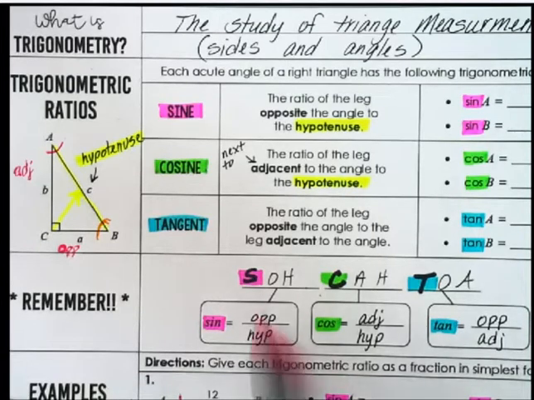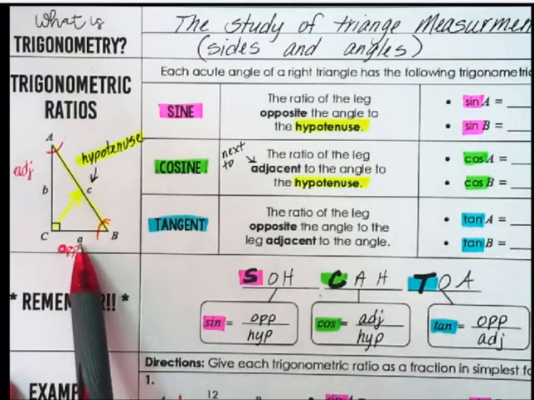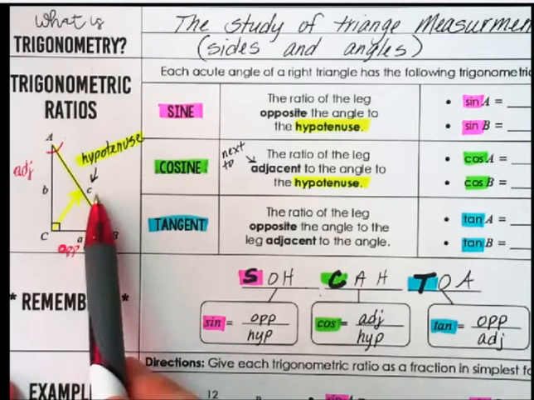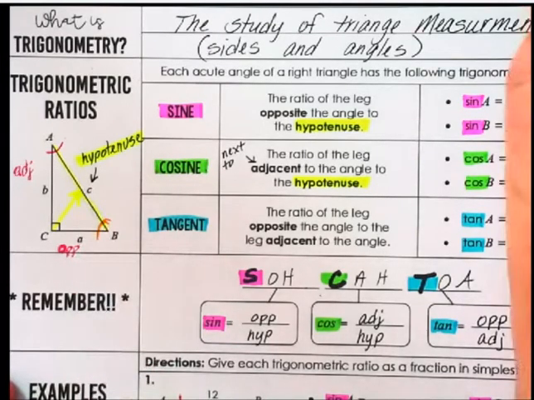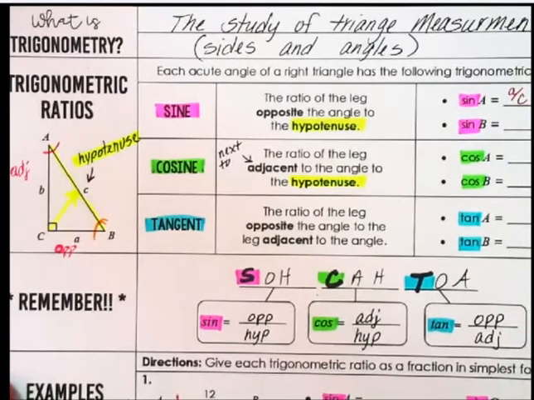So let's start with finding our sine for angle A, which is the opposite, side A, over the hypotenuse, side C. So this is A over C. Now let's do the cosine for angle A. It is the side adjacent over the hypotenuse.